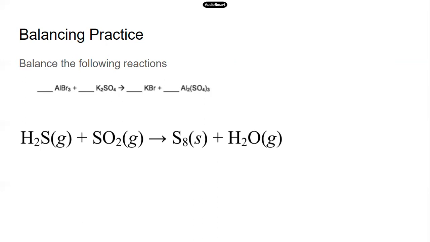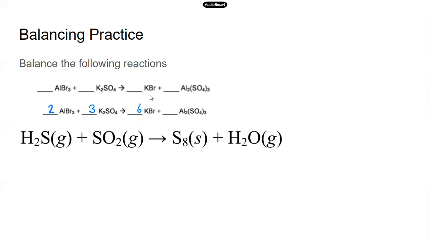And then once we do that, we're going to have 2 potassium on the left side and 3 on the right side. So we need to multiply it by 3 to get a common denominator. And then sulfate, once we multiply that out by 3, it all comes together.